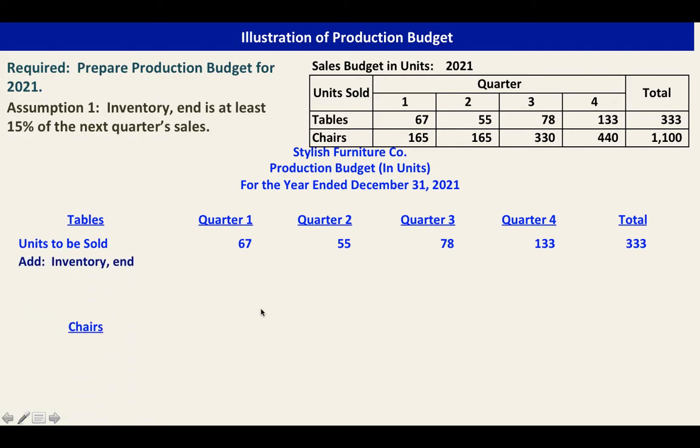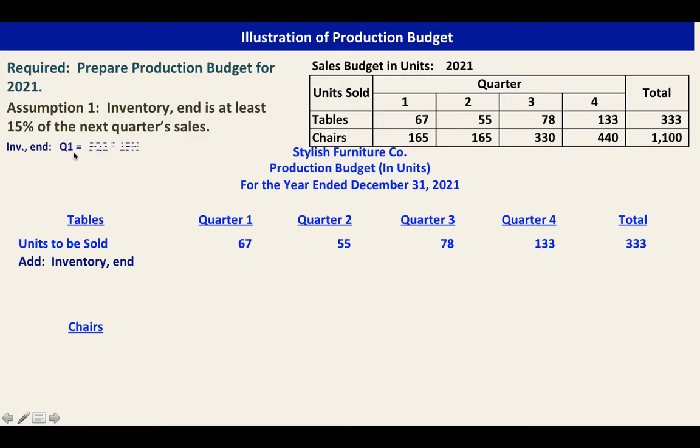Okay, and now we have to add inventory end. The assumption is that inventory end is at least 15% of the next quarter's sales. So for quarter one, it will be 15% of the next quarter's sales of 55.